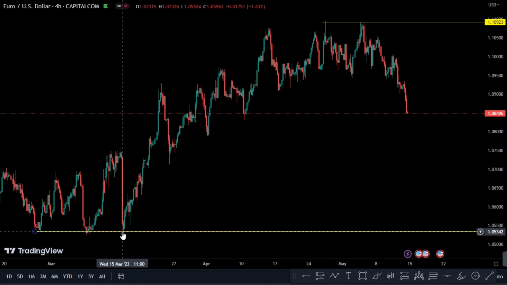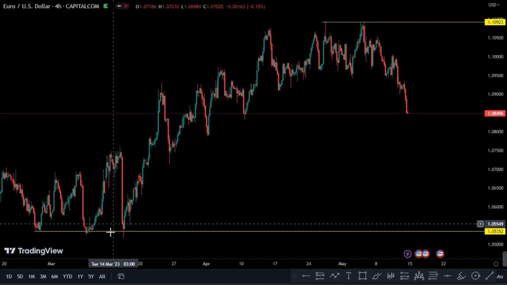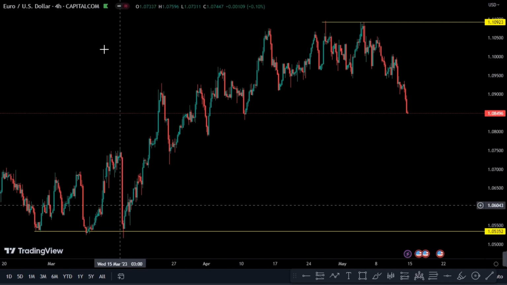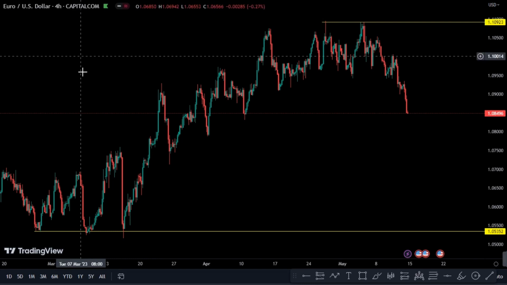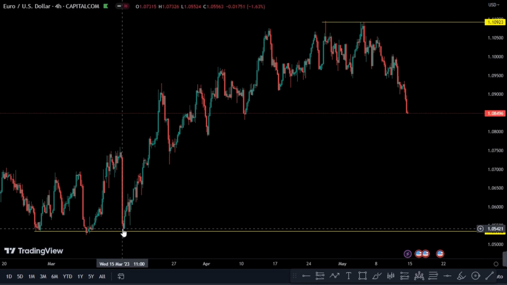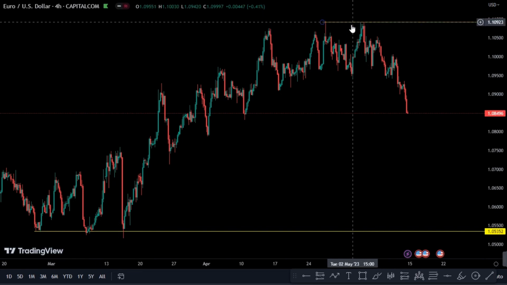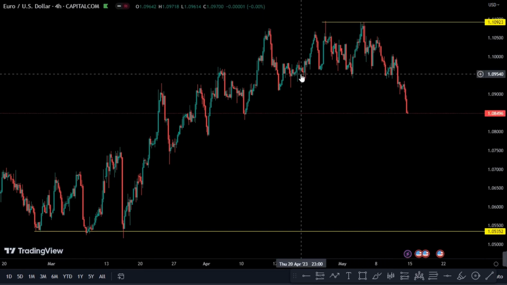This type of instrument that has USD as a code currency would move in the opposite direction to DXY, and DXY would move in the opposite direction to the structure here. DXY was coming from a resistance structure, and Euro USD is coming from a support structure and approaching a resistance structure. We just recently rejected the structure.